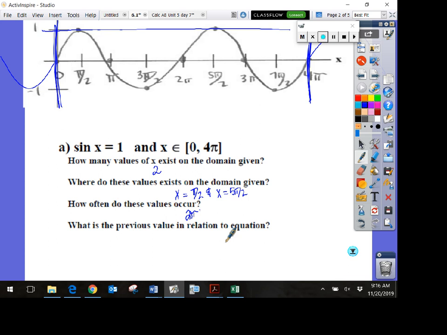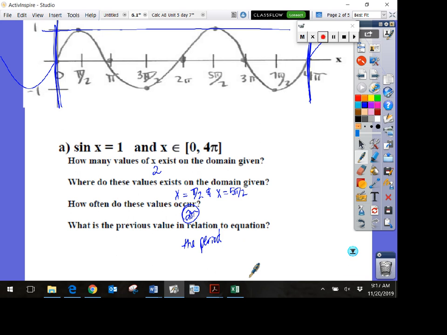If we think about 2 pi and we think about the function sine x, that is the period, okay? This number right here is the period of that function. So that is how 2 pi relates. How often do these values occur? They are going to occur every period. So sine x equals 1 is going to happen every 2 pi.